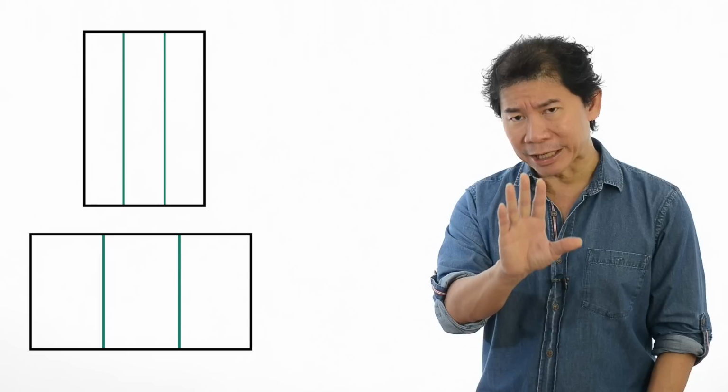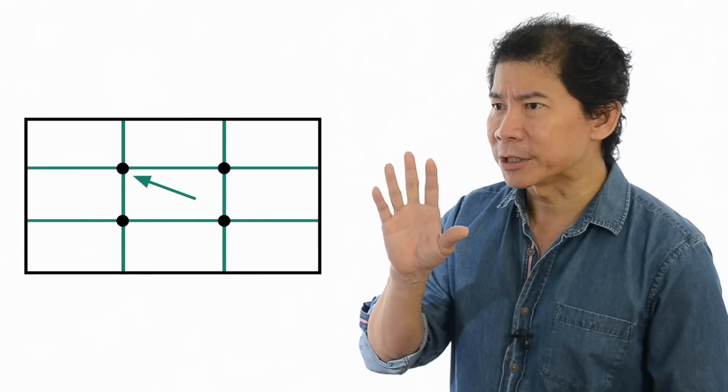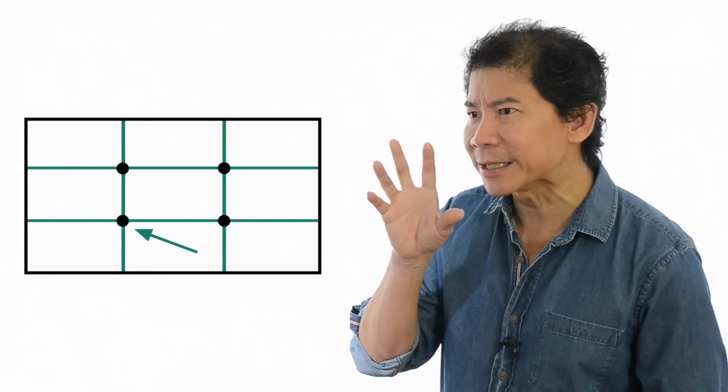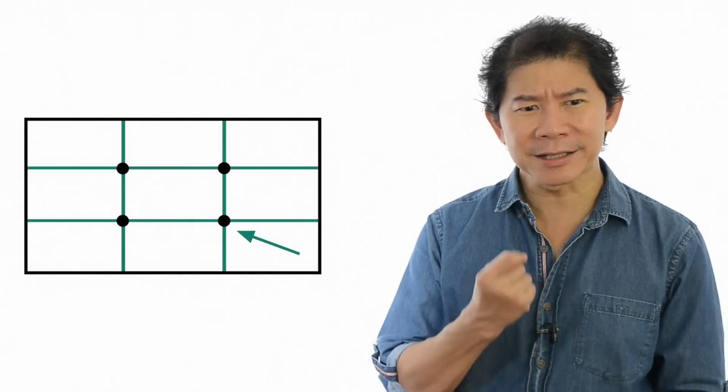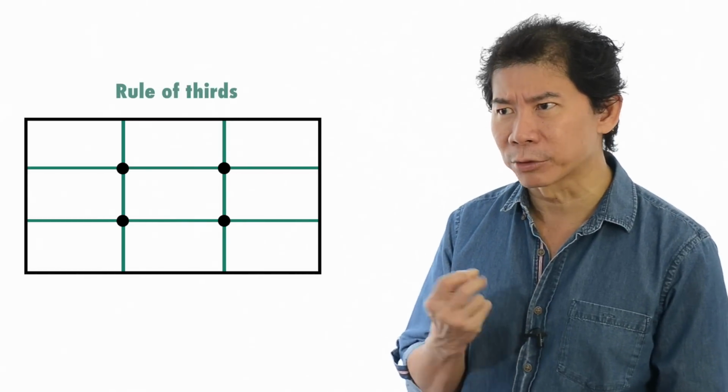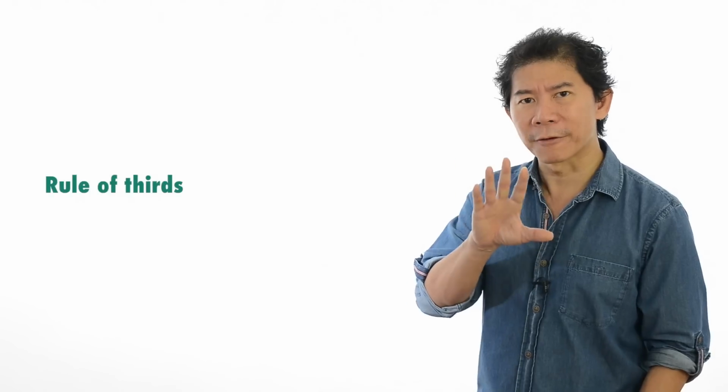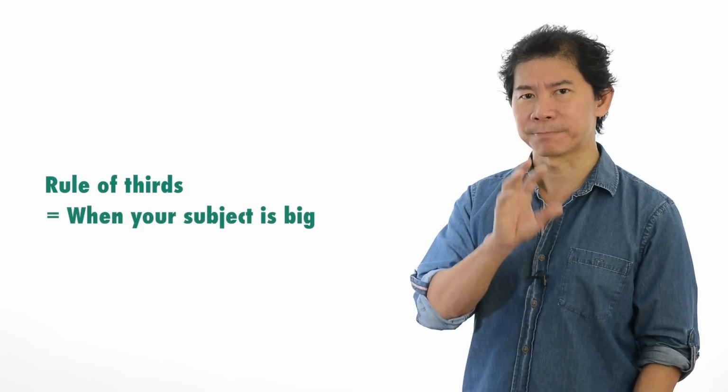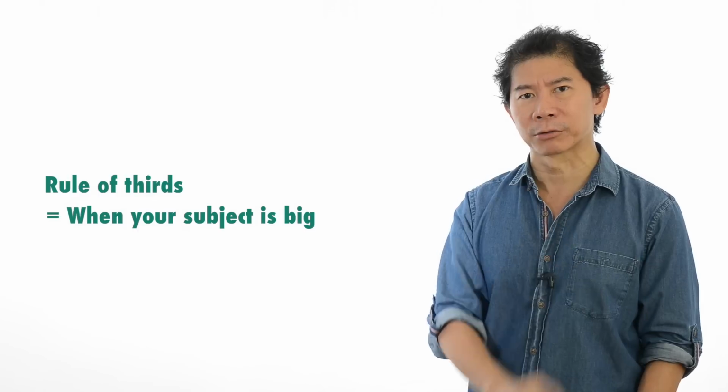Now let me be very clear. You will see these points where all these rule of third lines intersect. And disturbingly, a lot of photographers call them rule of thirds. No, rule of thirds are when your subject is big. Let me show you photos of typical rule of thirds. As you can see, the subject is standing on rule of thirds. As you can see, the subject is bigger than half of the frame of the photo. Let's look at another one, another rule of third.